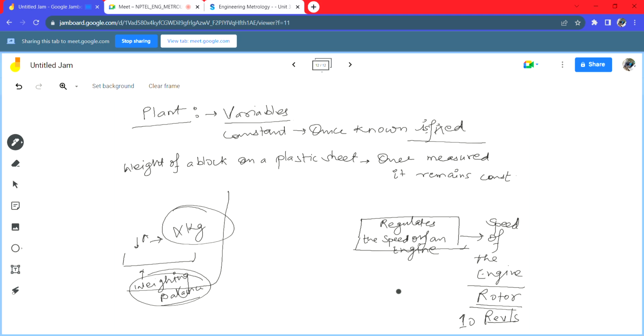Now if this is the speed of the engine that I want, how is this speed being derived? It comes from the fuel being inserted.